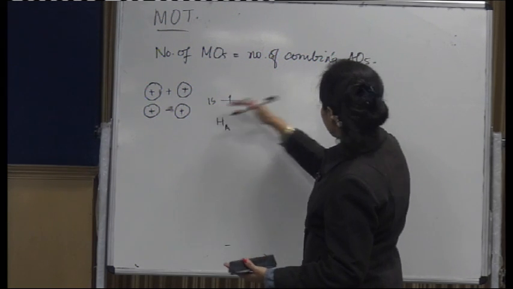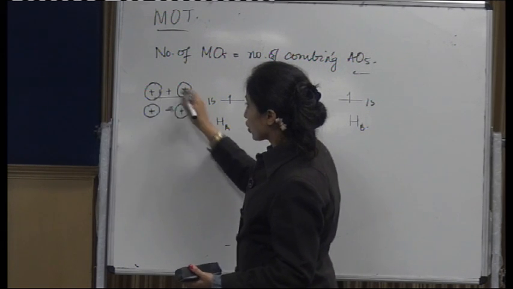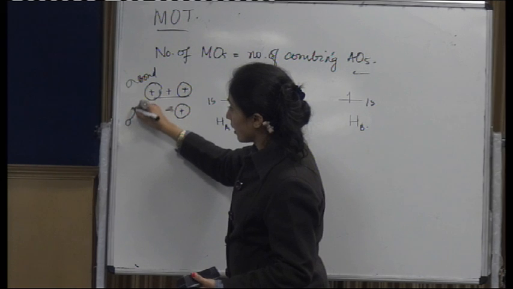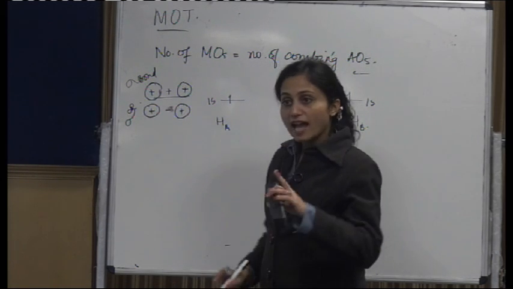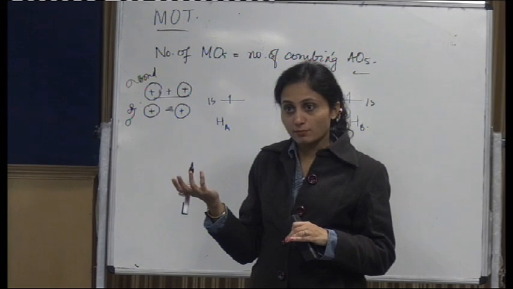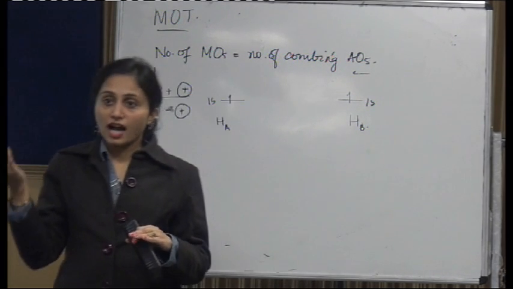So if 1s and 1s combine, you know that they are yielding once your sigma bonding and once your sigma anti-bonding, out of which bonding is more stable and anti-bonding is less stable. So bonding will be lower in energy and anti-bonding will be higher in energy.